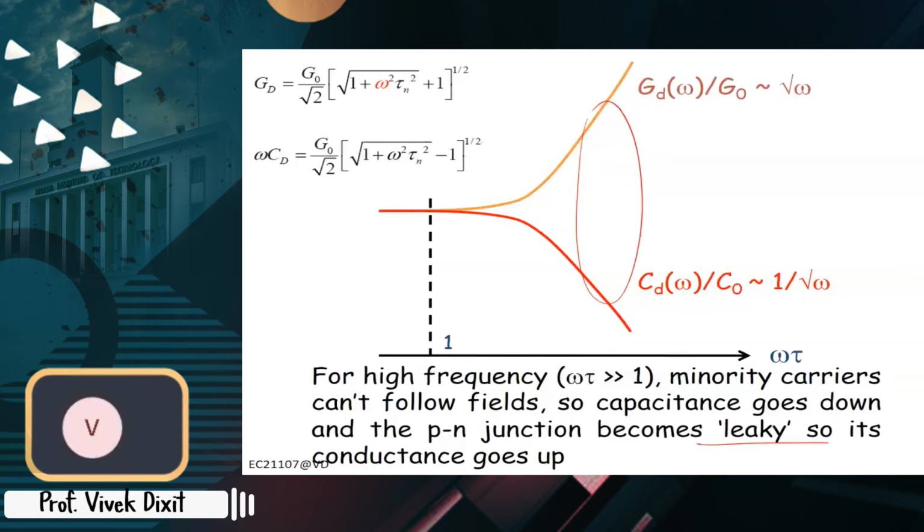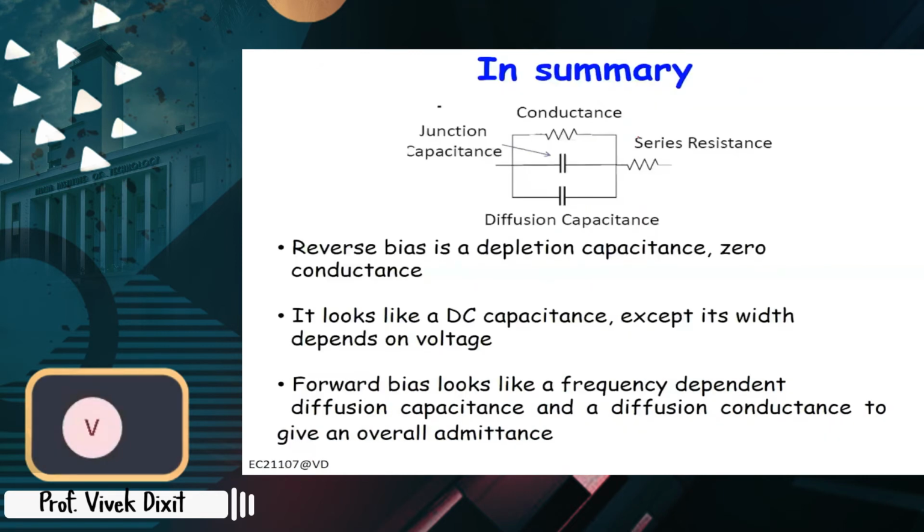So let's summarize. The typical equivalent circuit of a PN junction diode is a conductance here, a junction capacitance here, a diffusion capacitance here, and a series resistance. So in reverse bias, only Cj and the series resistance appear.